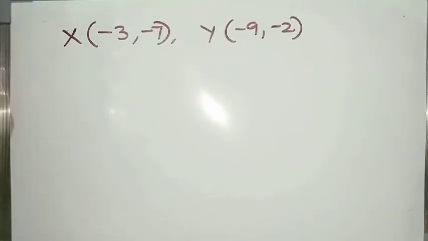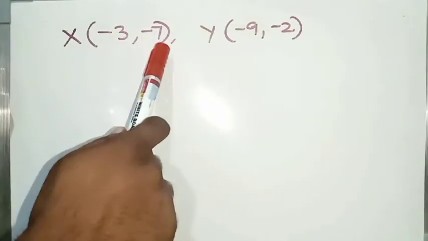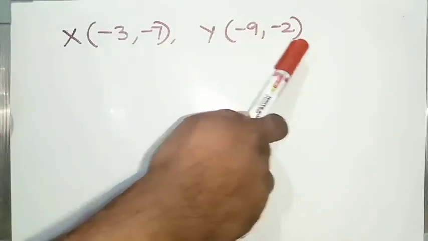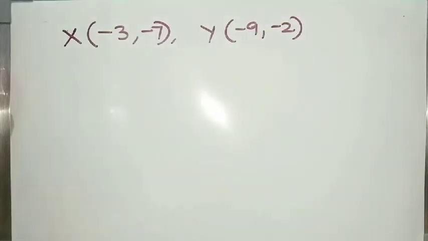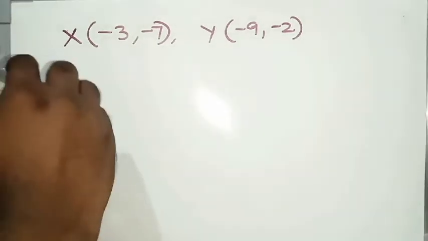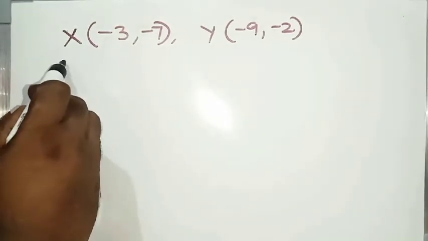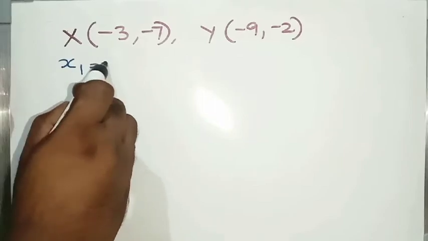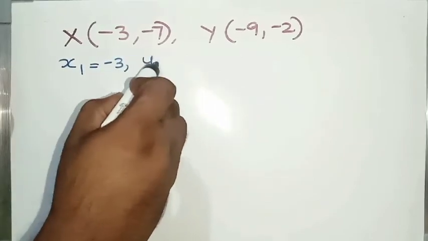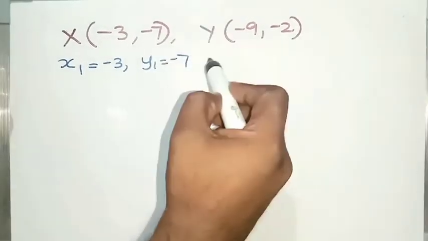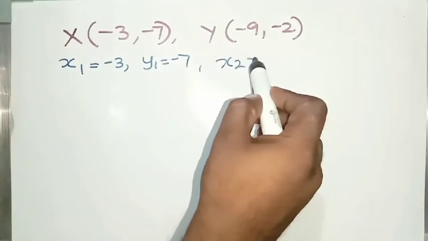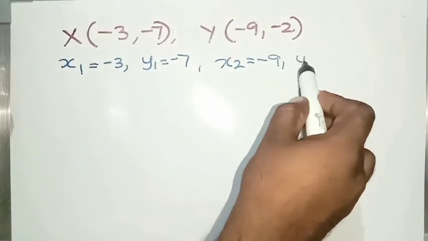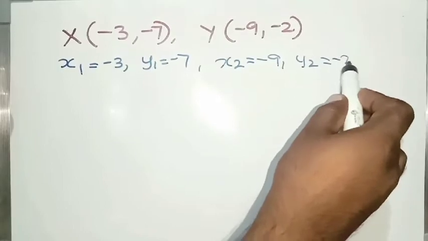Let's do another question. Find the length of the line segment XY in which X is (minus 3, minus 7) and Y is (minus 9, minus 2). In this question also let's write x1, y1. It's a similar method. x1 is minus 3, y1 is minus 7, x2 is minus 9, y2 is minus 2.